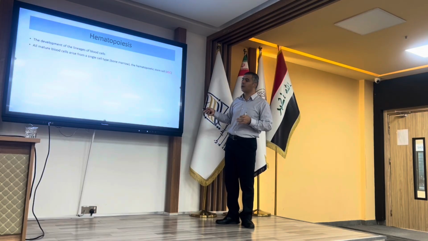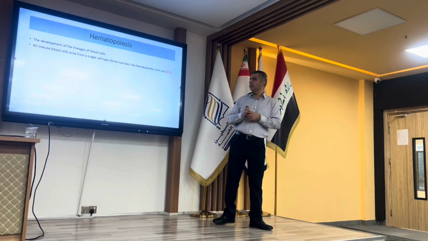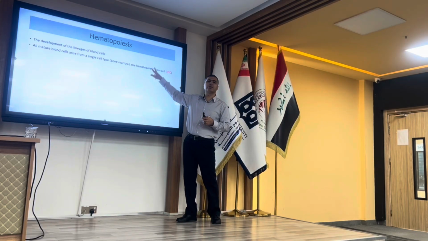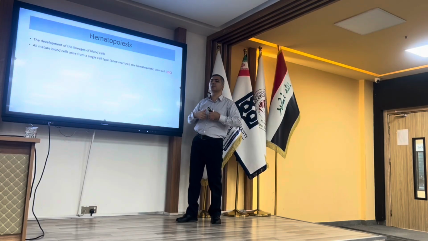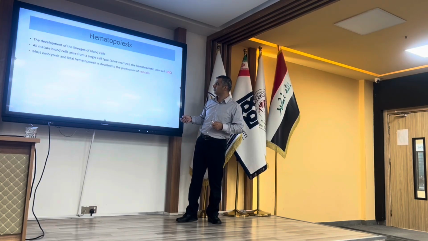All of the blood cells come from one stem cell, which is called the hematopoietic stem cell. These stem cells can produce all cells of the blood, including white blood cells, platelets, and RBCs.